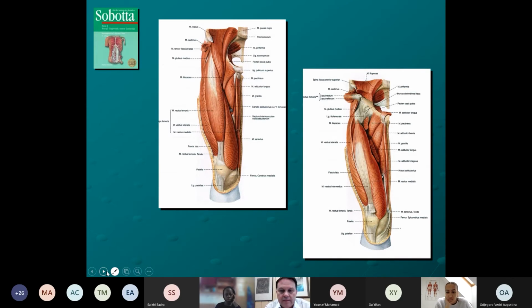It has 4 heads. That's the name of the muscle in Latin language. Sorry, I can't see your cursor, but it's the quadriceps. Yes, Sienna, this is the quadriceps. You cannot hear me really? I couldn't see your cursor on the screen.